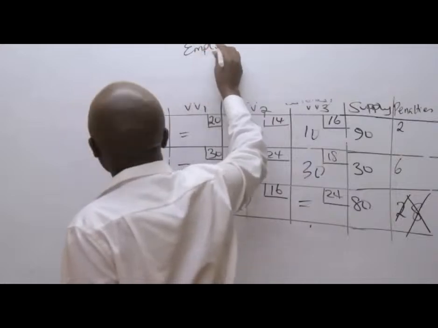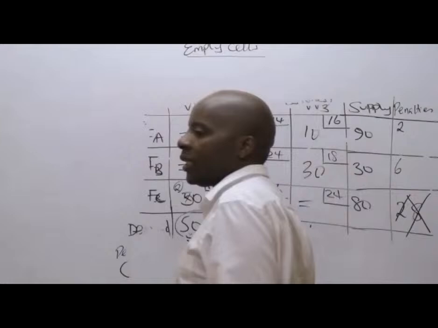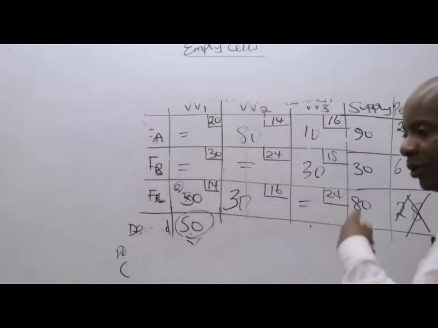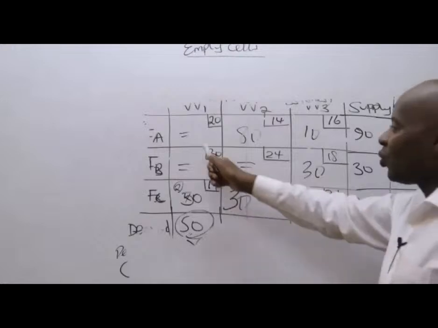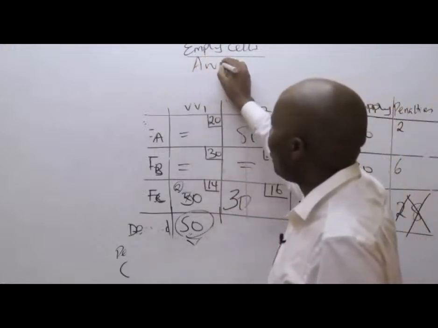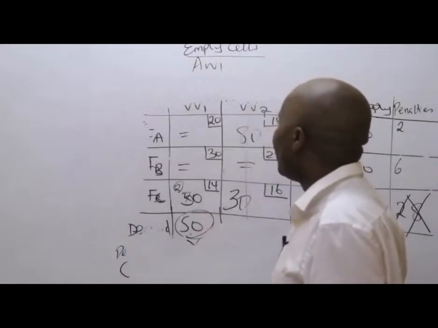Please give us a list of all the empty cells that you have. Is there anybody who can define empty cells for us here? The first one is an empty cell, AW1.